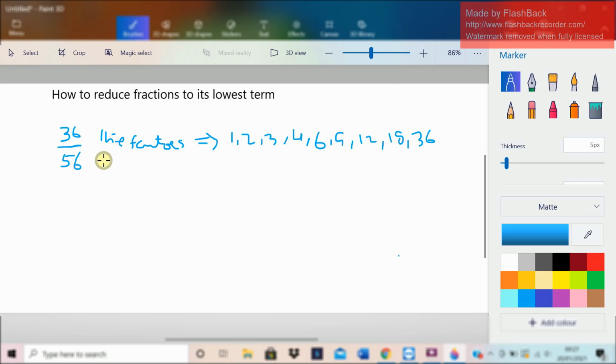The factors of 56: 1, 2, 4, 7, 8, 14, 28, 56.